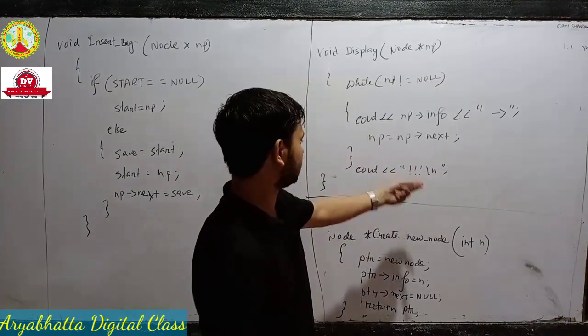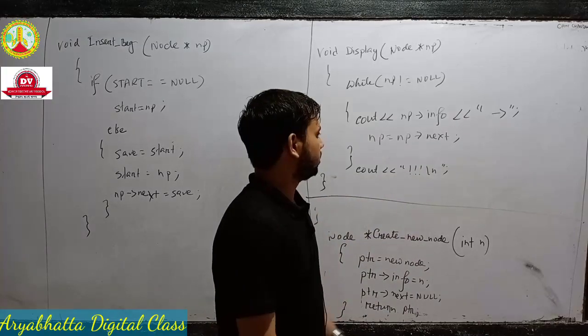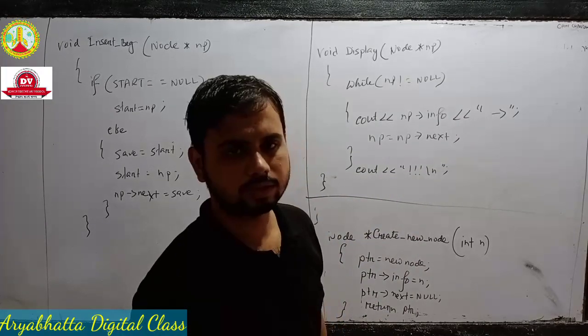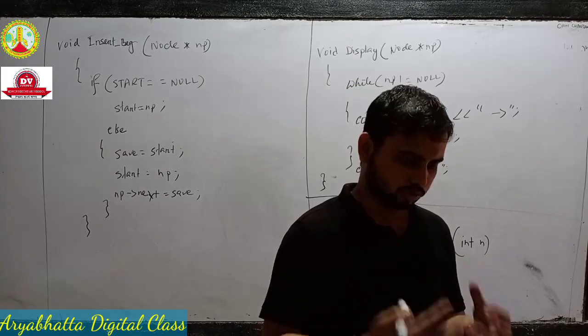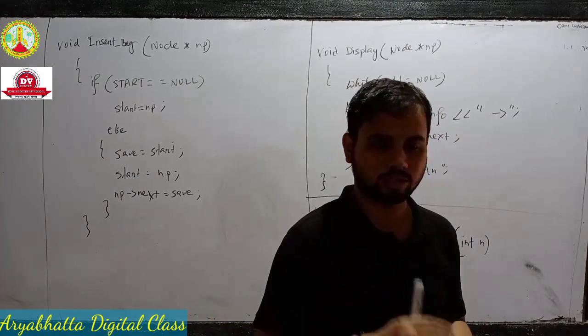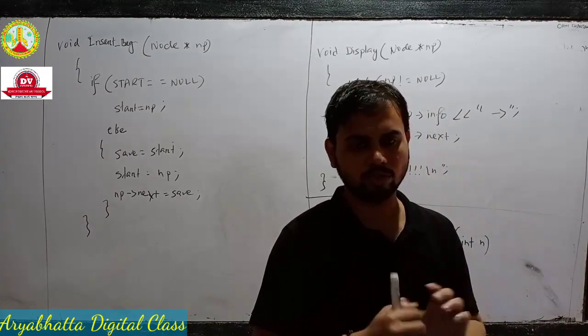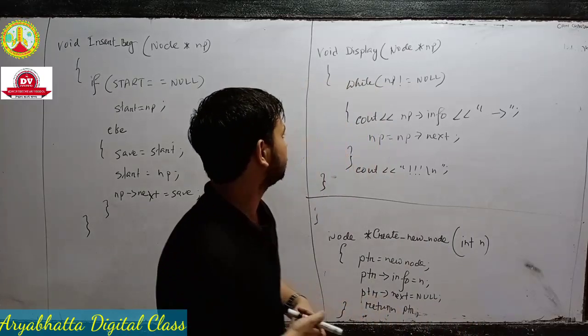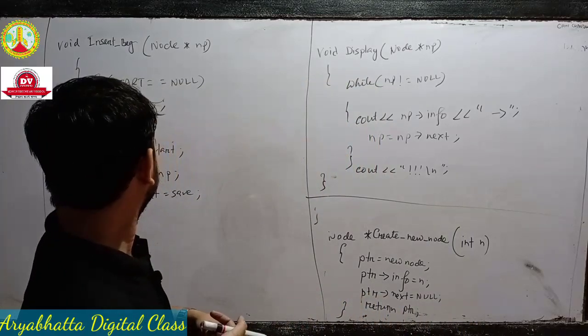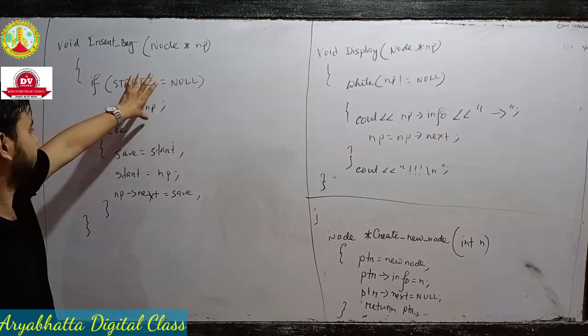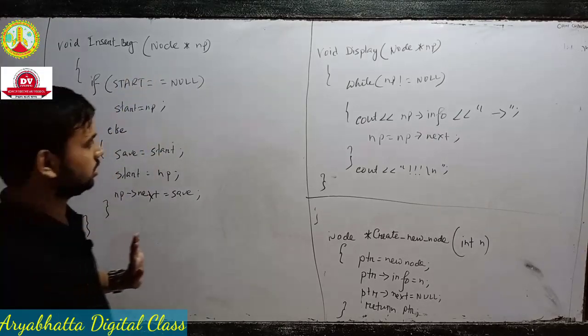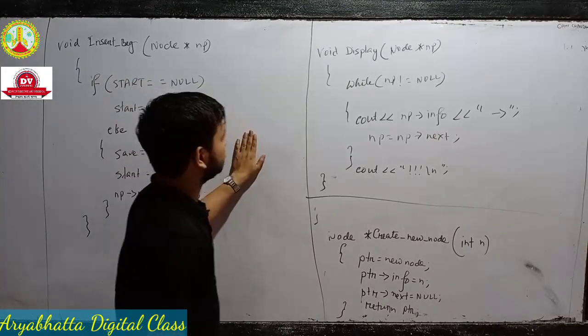And cout \n. Next means what? It stores the memory address of the link, means the link part. This will be, if the list is empty, it will be taught to you clearly.